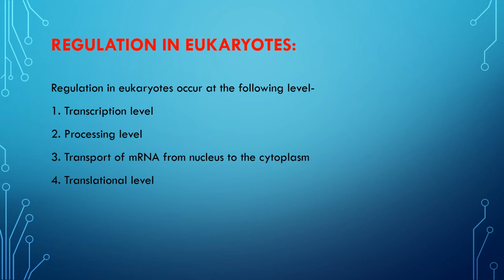Considering that gene expression results in the formation of a polypeptide, it can be regulated at several levels. In eukaryotes, the regulation could be exerted at the transcriptional level, where formation of the primary transcript takes place; the processing level, regulation of splicing; transport of mRNA from nucleus to the cytoplasm; and the translational level.